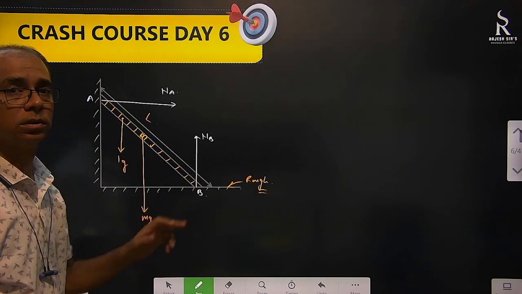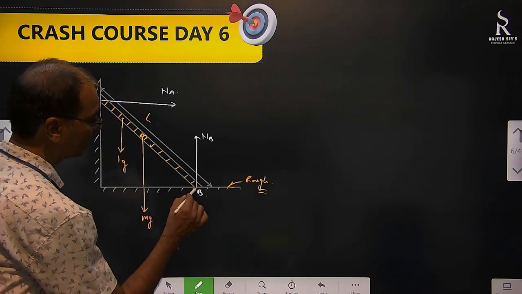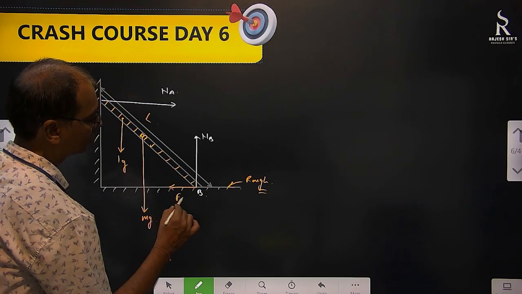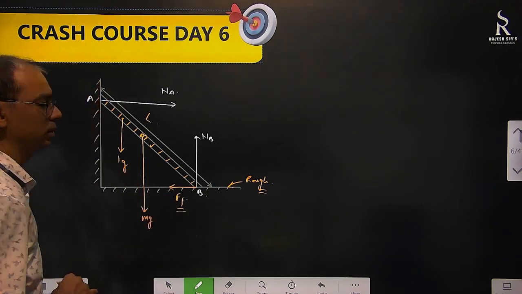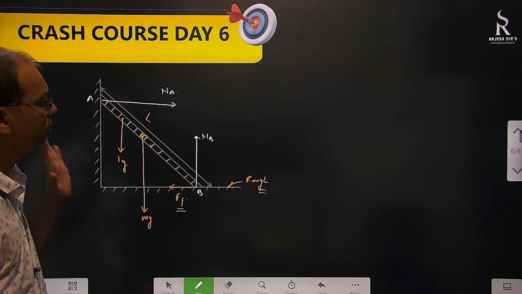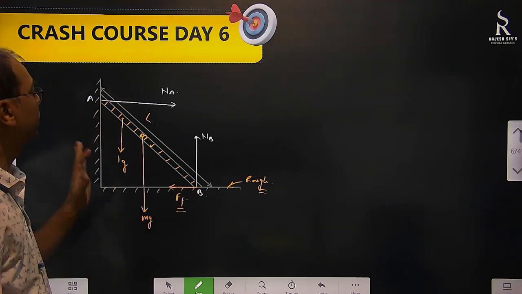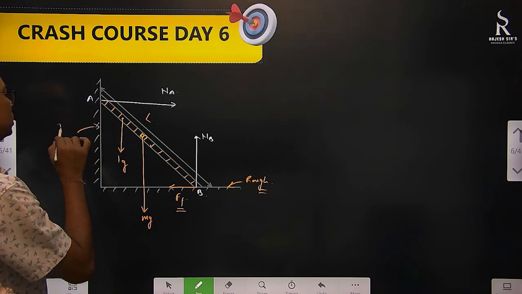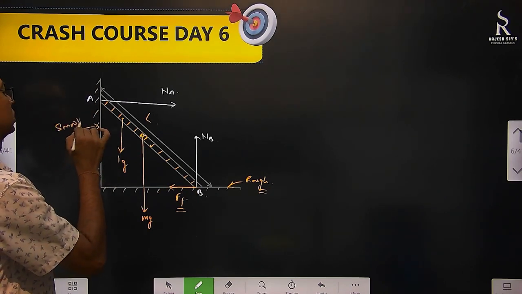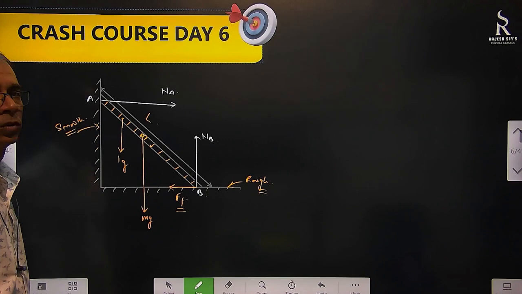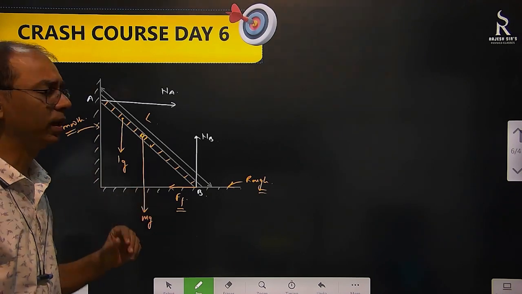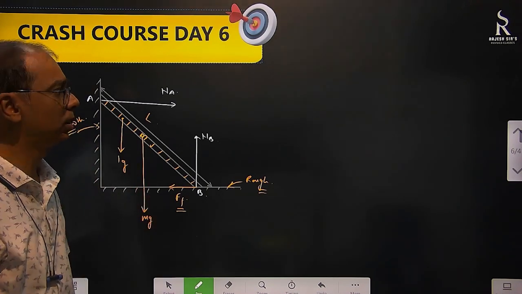And here friction will be acting in this way, like this. If you want friction here also we can add, but normally this will be kept as smooth. So I am keeping it smooth, like this. I am just framing the equation, okay, we are not finding anything, just see how to do that.